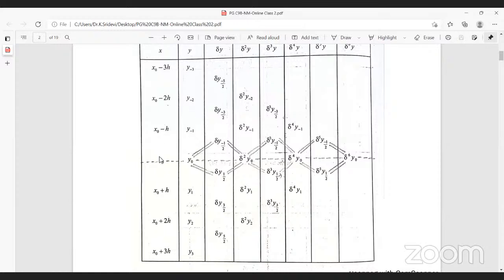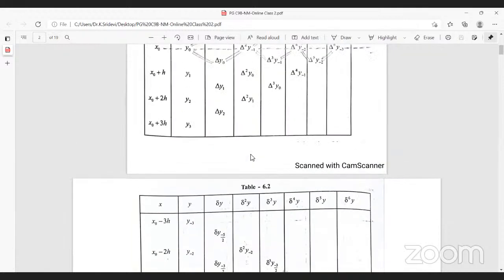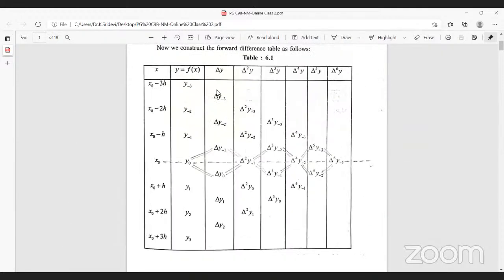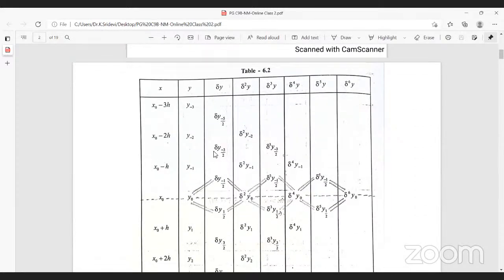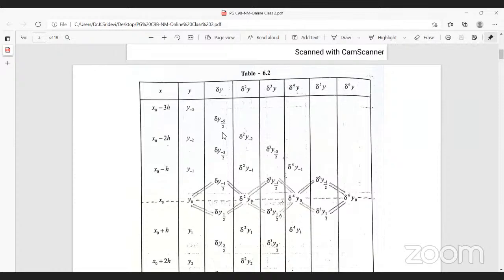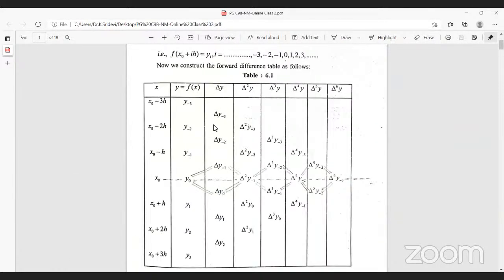Then we can have the table like this according to the central difference operator. The x and y values are the same. What are the entries in the first column? According to this, these are the entries in the first column. In the first column, the first entry is delta y minus 5 by 2, and here the first entry is delta y minus 3.